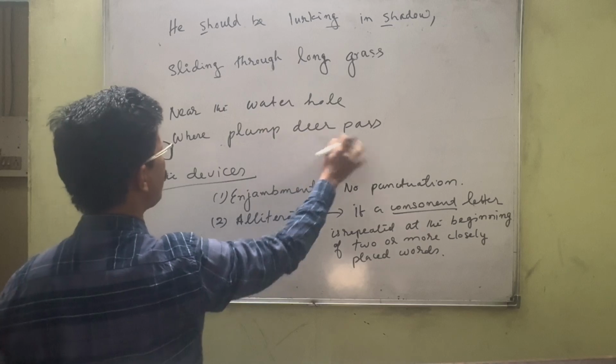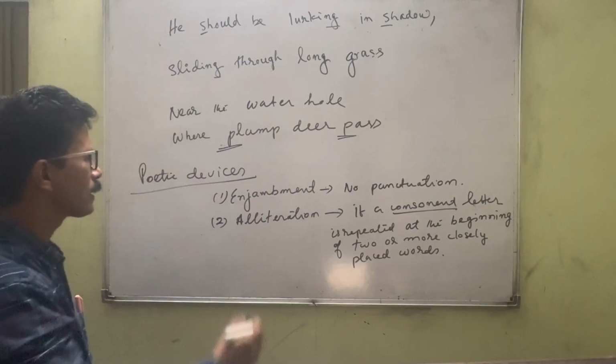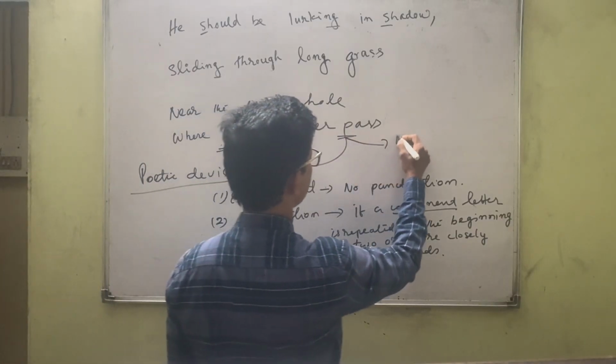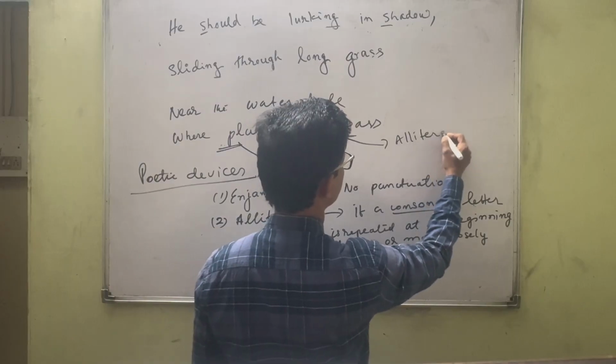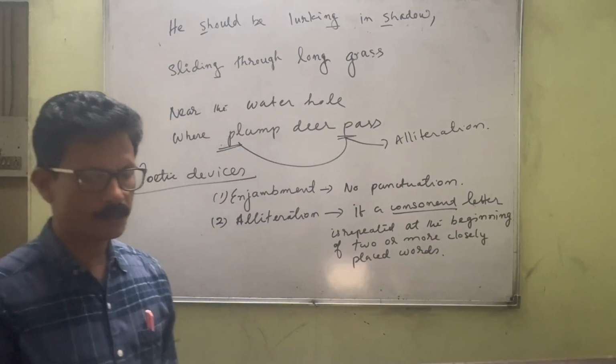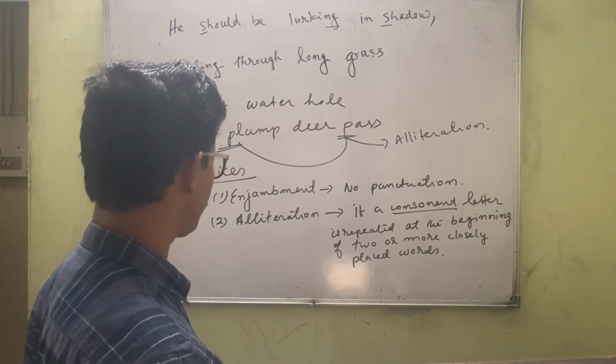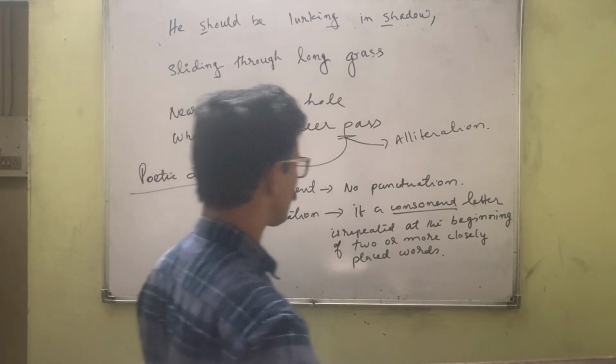Then you see plump deer pass. This plump deer pass is an example of what? Example of alliteration. Okay. So this is the second poetic device used here. First you understand what is alliteration.